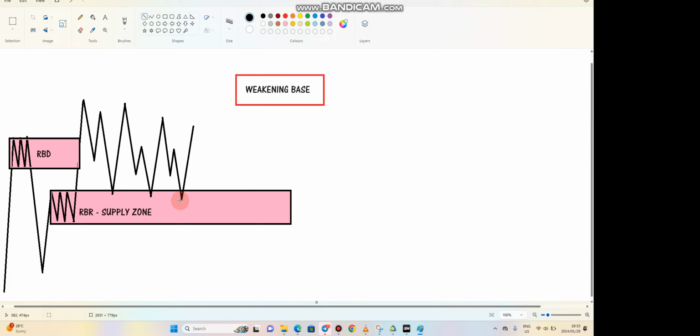That's what they believe according to their trading method, that this is where they need to take their buying positions.